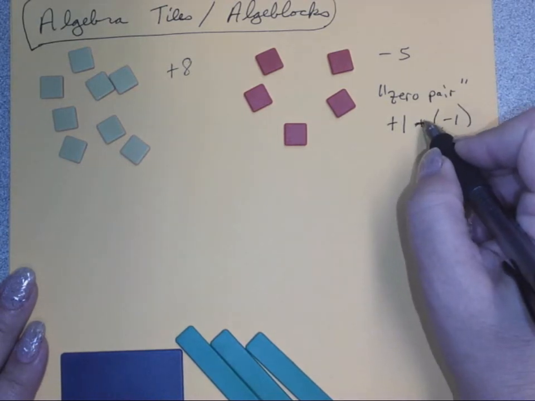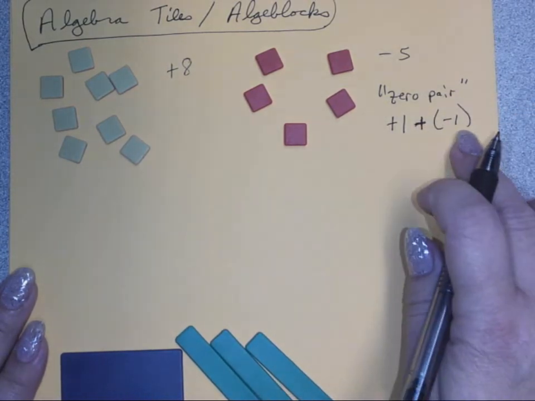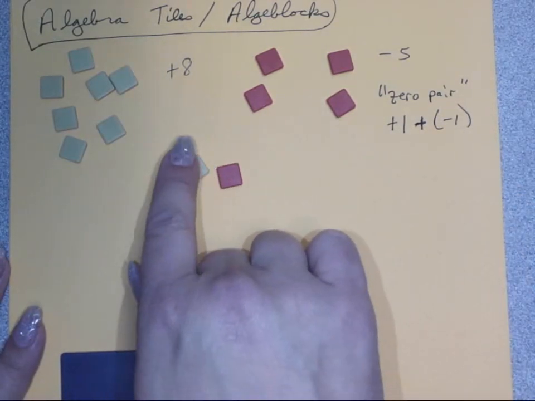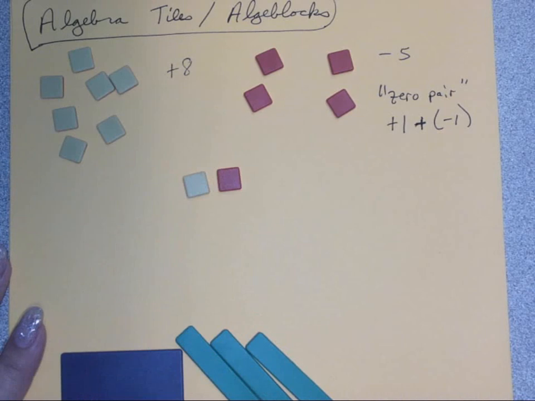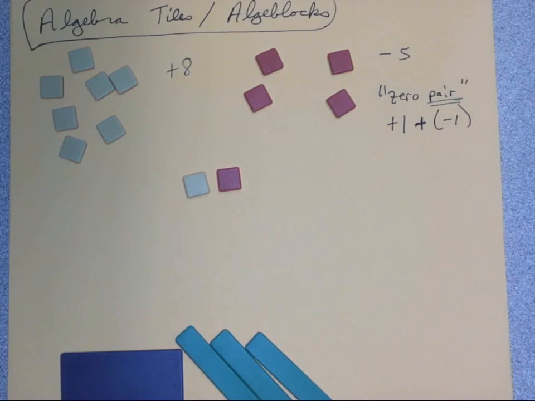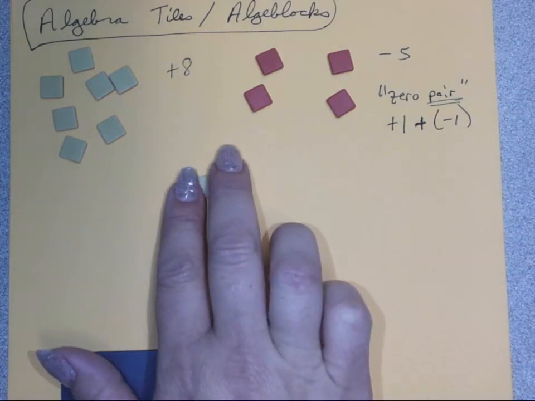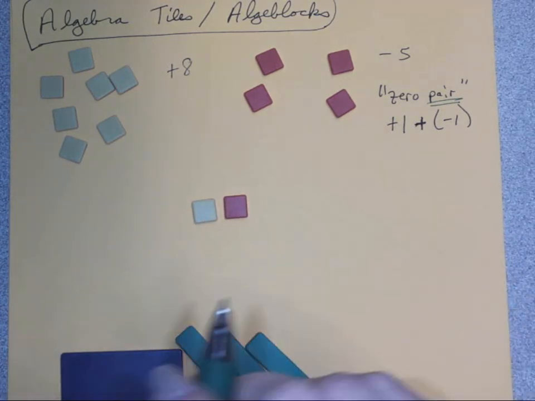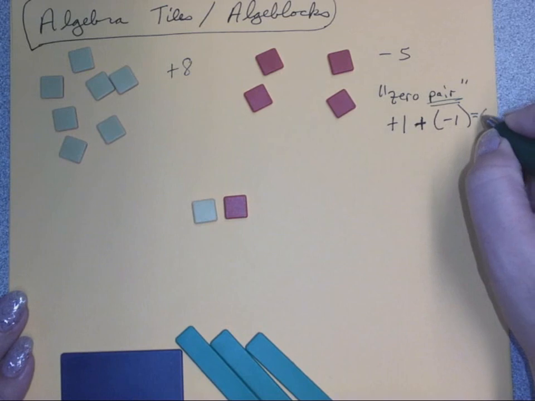So I'm adding these together. I've got a positive 1 and a negative 1. If I put those together or pair them up, that's the word pair. If I can pair a positive of anything with a negative of the same thing, I see what happens there. Plus 1 minus 1, well, that will zero out, right?